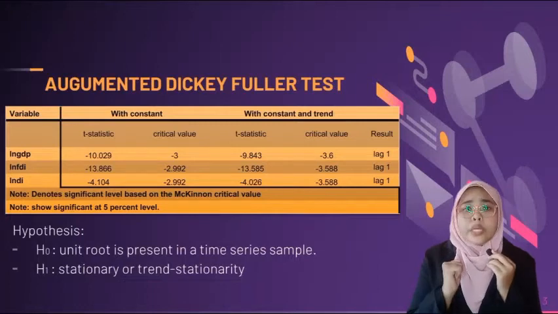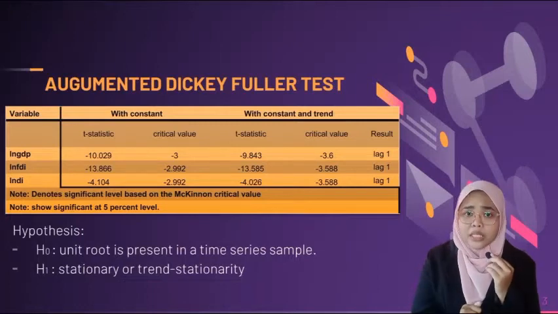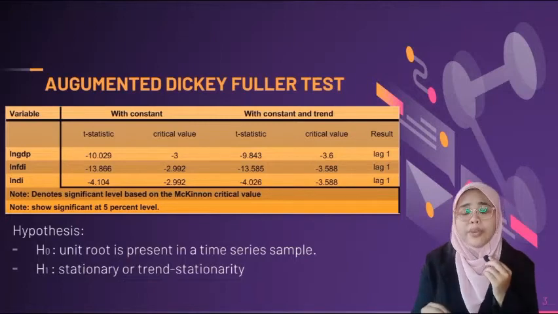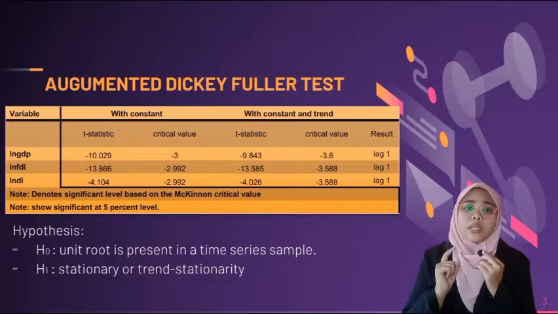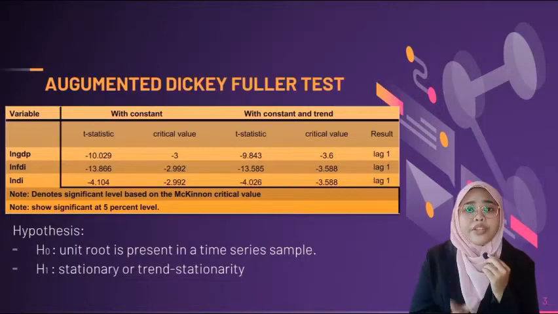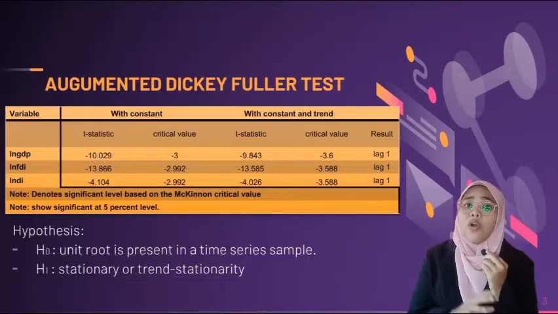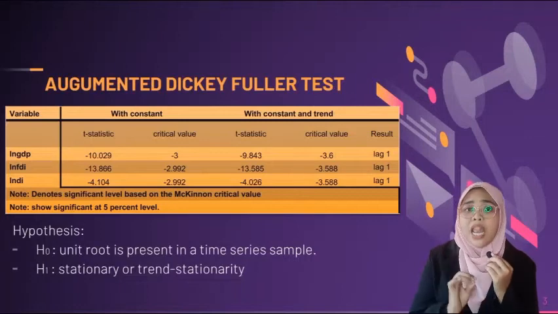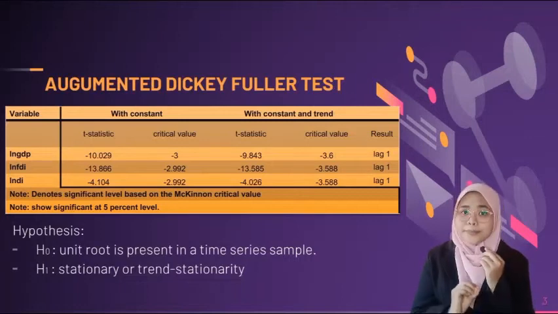So, we ran the ADF test with constant only and with constant and trend. With the same lag, which is 1, all variables reveal that all of the series are non-stationary since the null hypothesis for all of the series is not rejected at the 5% level of significance.